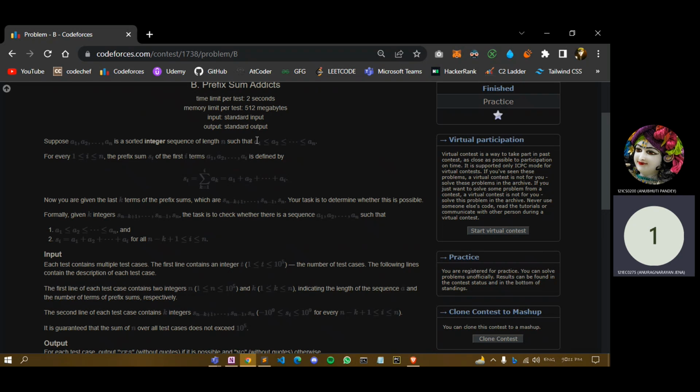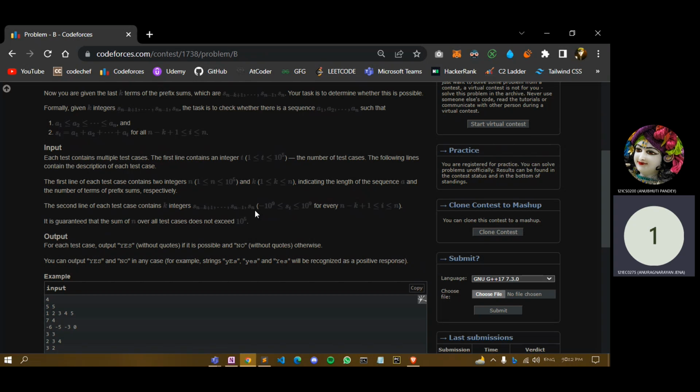But the constraint is that the array should be sorted. If it is not sorted, you have to print no. Otherwise, you have to print yes, if you can form a sorted array using the last k terms S of n minus k plus 1 till S of n.